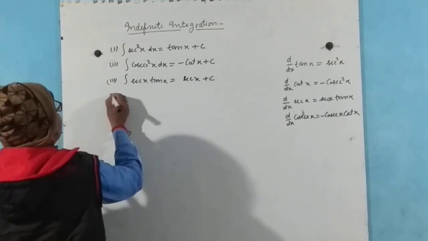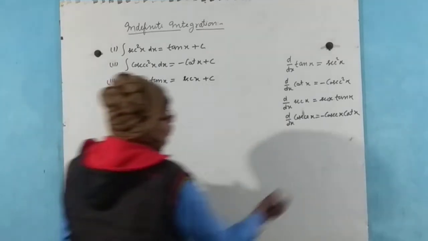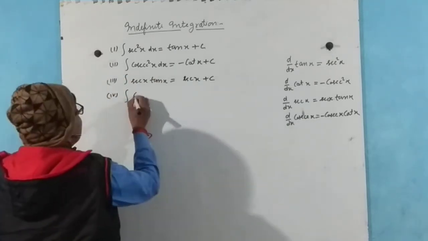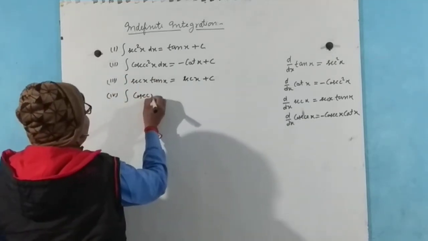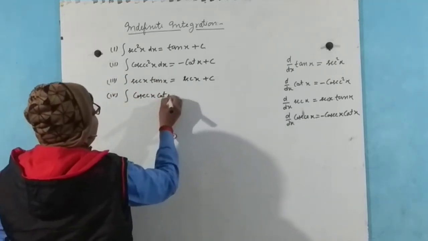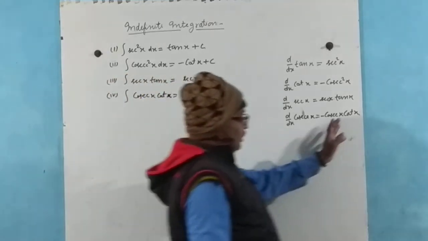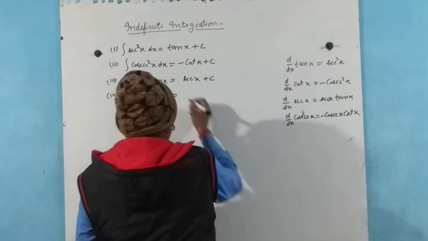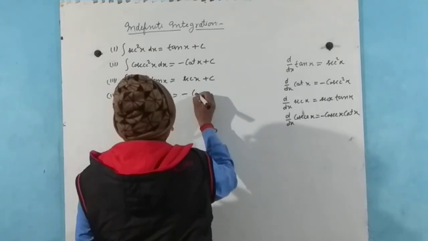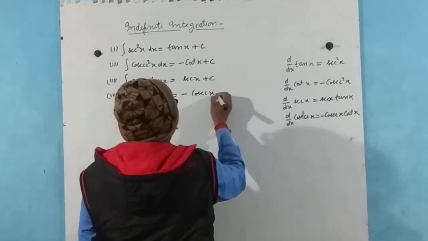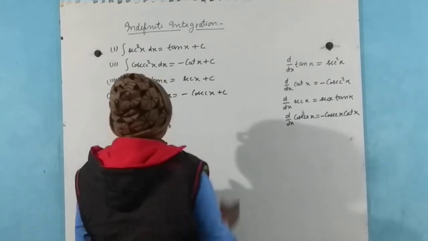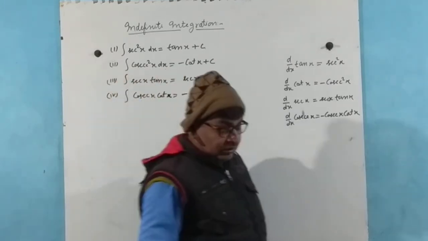Integration of cosec x cot x equals minus cosec x plus c.